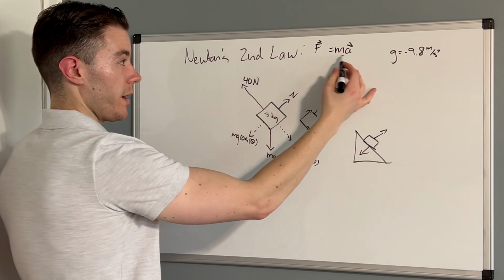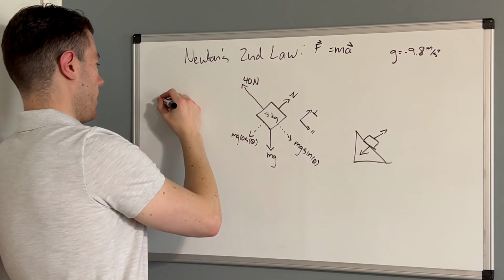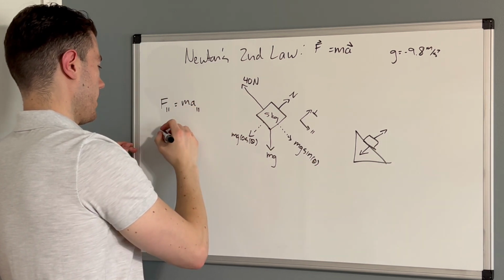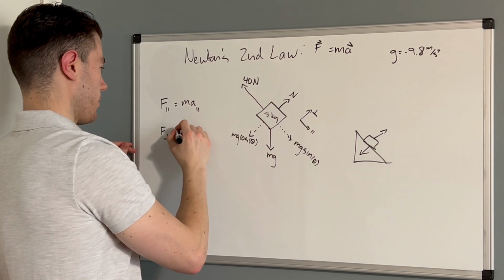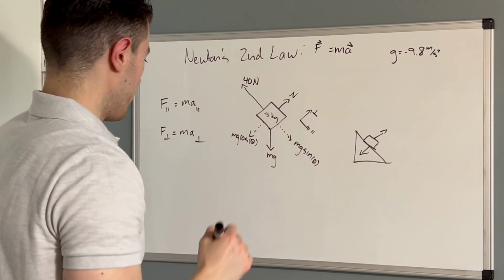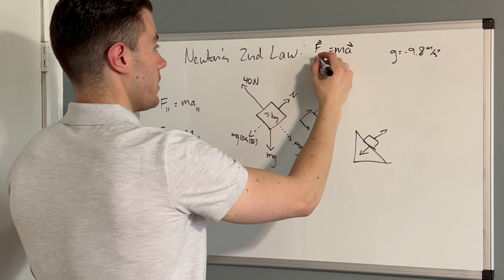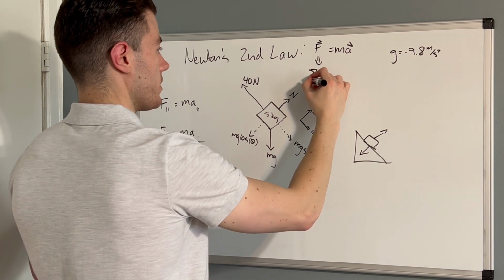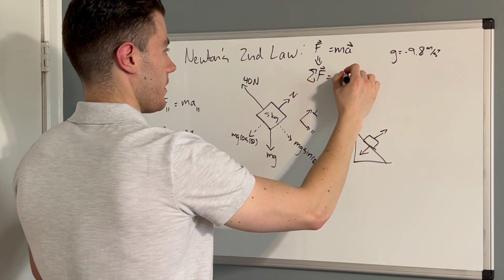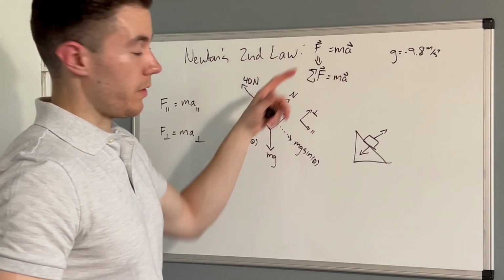So we need to break this Newton's second law, F equals ma, into its component form. F parallel equals ma parallel, and F perpendicular equals ma perpendicular. Let's start with the perpendicular one. So then this is actually the sum of the forces is equal to ma. You'll often see it like this, but really it's a sum.